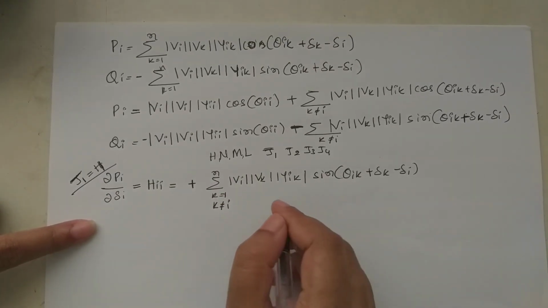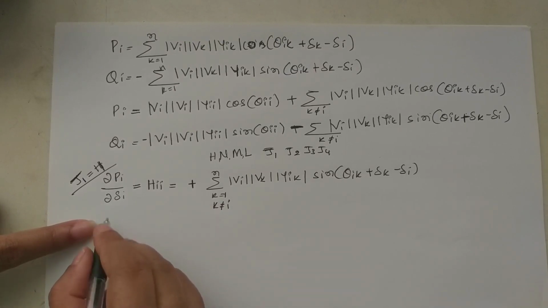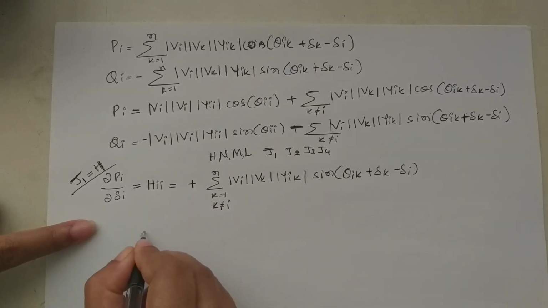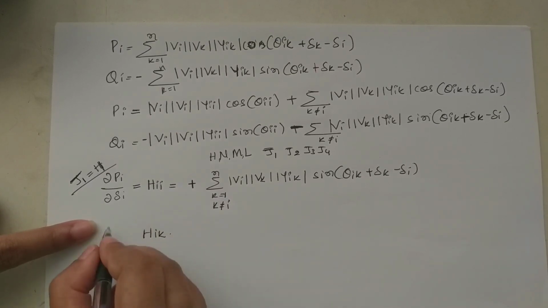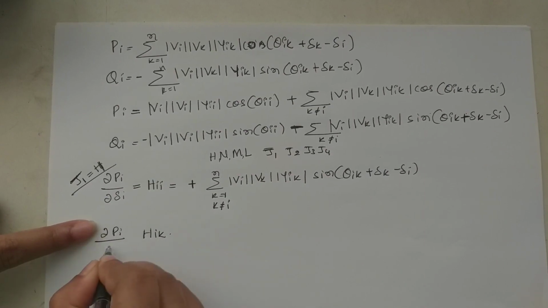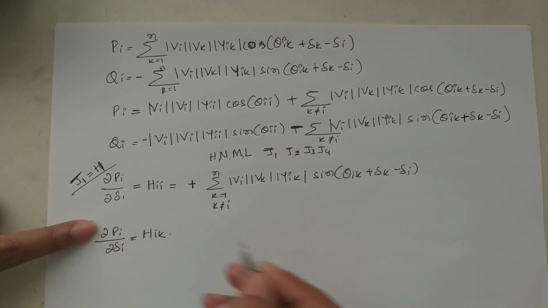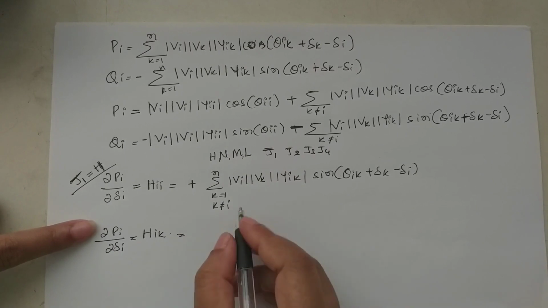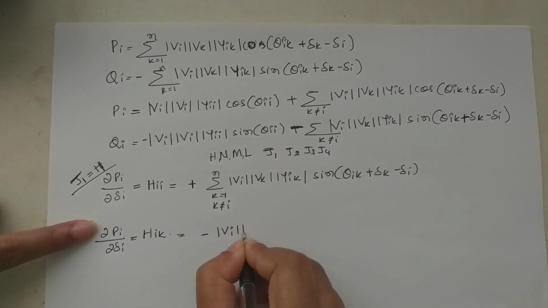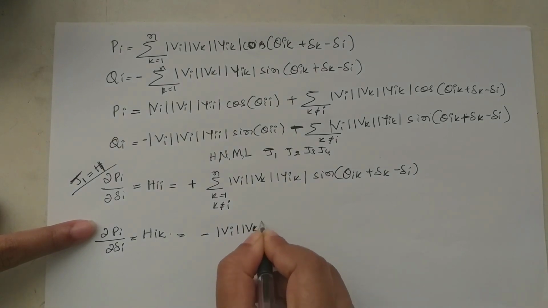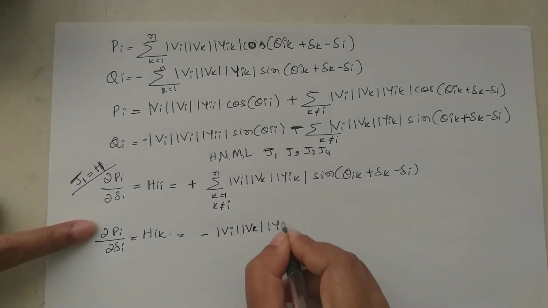And the off diagonal element, which is also called Hik, is the partial differentiation of Pi with respect to delta k, which is equal to minus Vi Vk Yik.